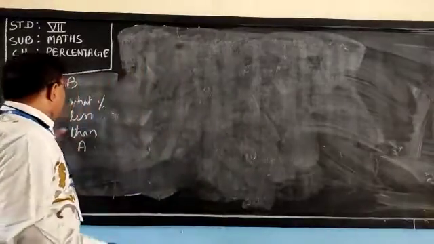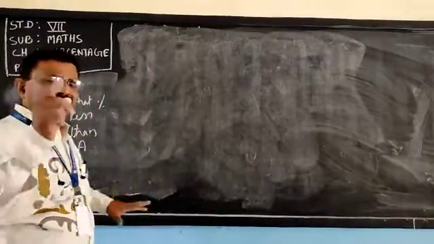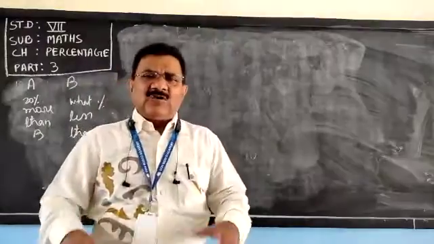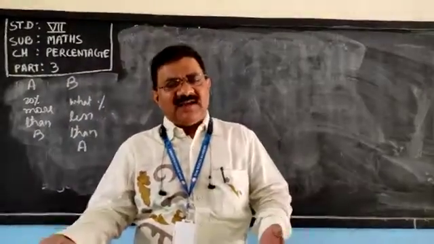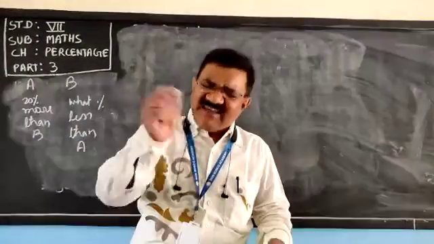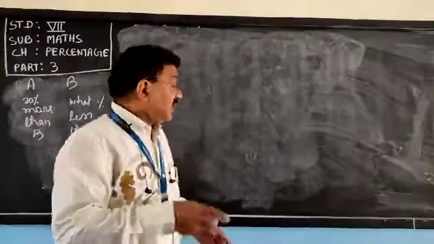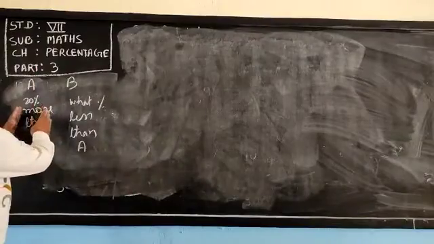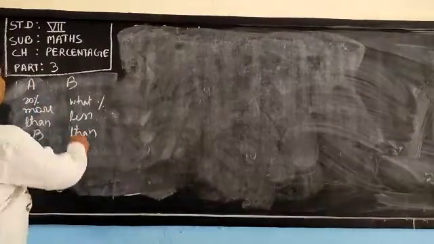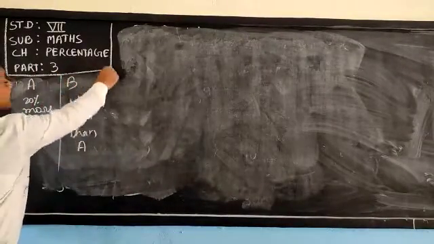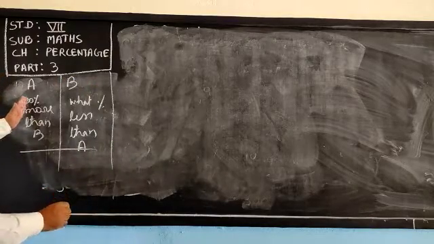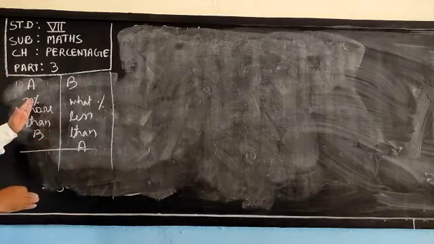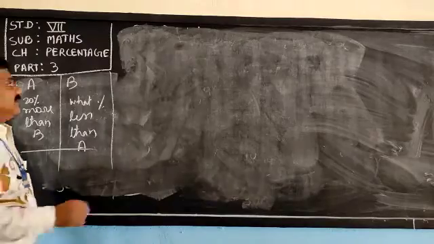If such types of questions are asked, consider 100, because 20% of 100 will become 20 and 30% of 100 is 30. Easy to calculate. So consider, and whom will we consider? See, A is 20% more than B. So consider B as 100. Then what will it be? 100 plus 20% of 100 is 120.